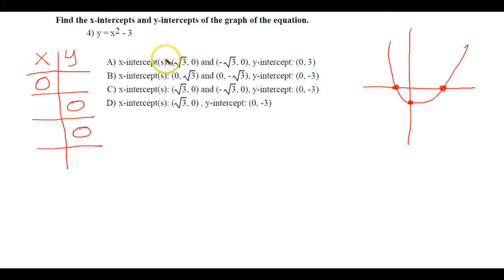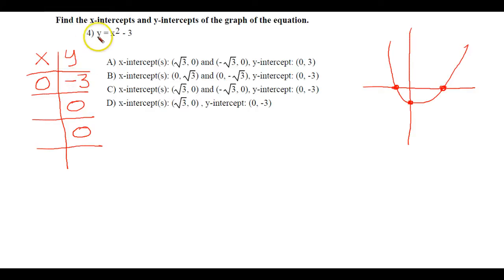So what would be the strategy? Well, if we wanted the y-intercept, x would have the value of 0. So if x is 0, y is going to be -3.